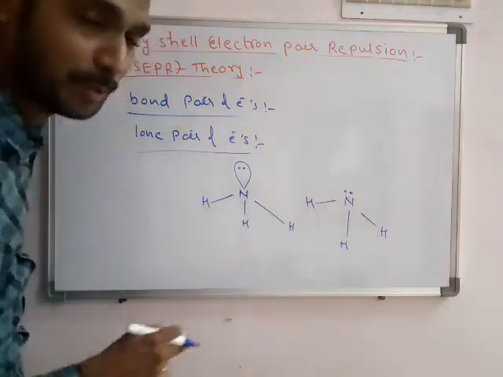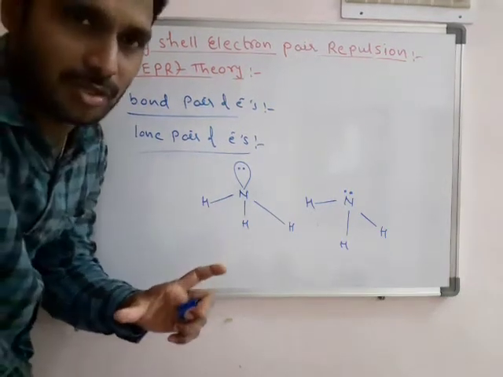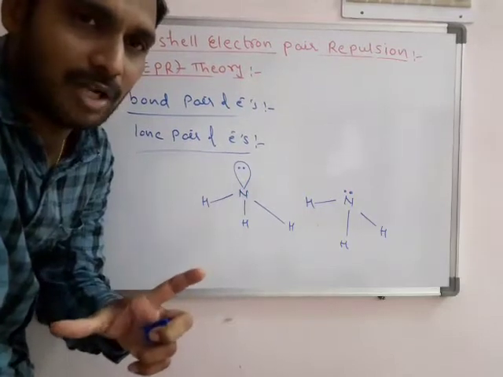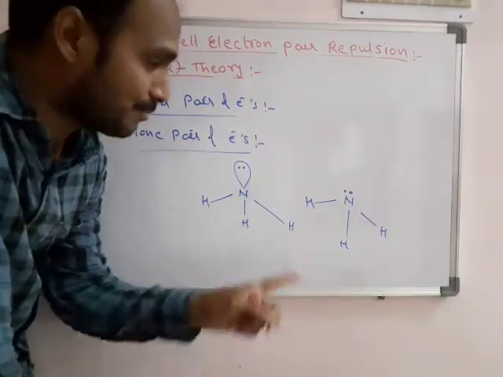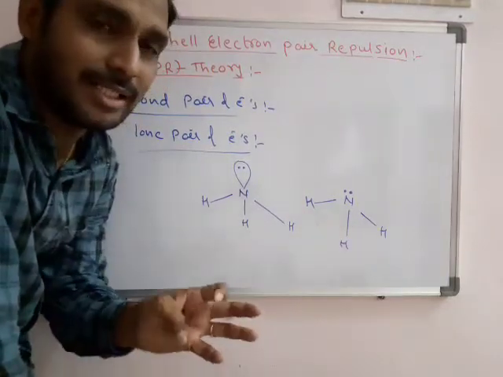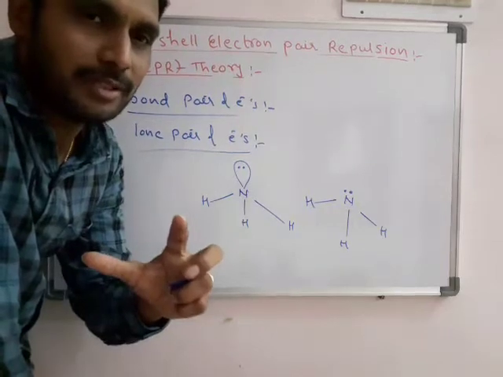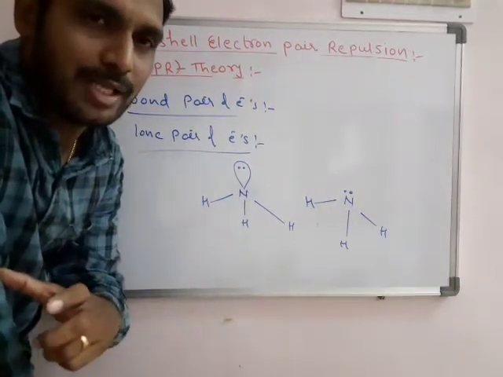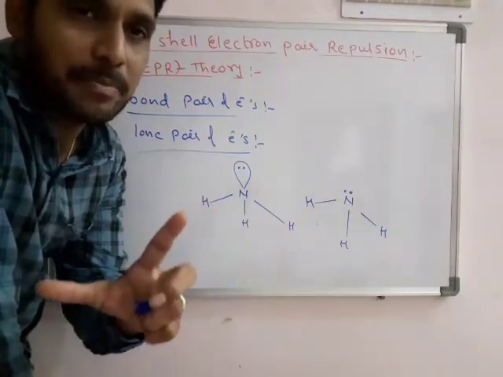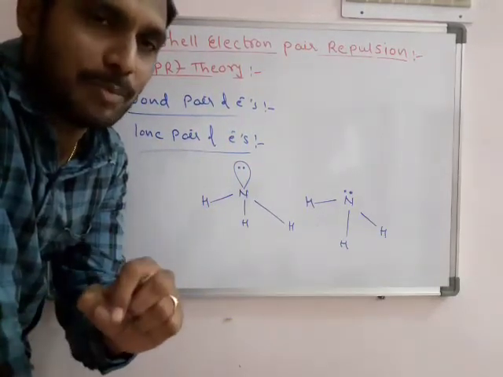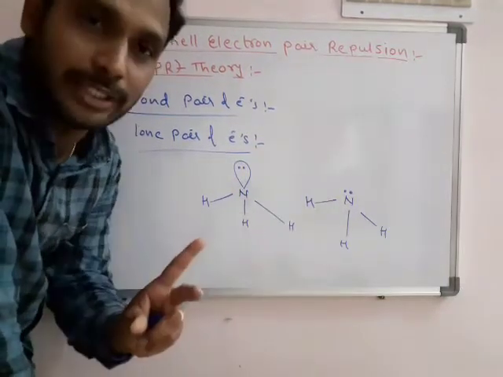Nitrogen has one lone pair of electrons, which is present in an orbital but is not involved in bond formation. Sometimes the side atoms also have lone pairs, but in the shape of a molecule, according to valency shell repulsion theory, importance is given only to the lone pairs and bond pairs at the central atom.